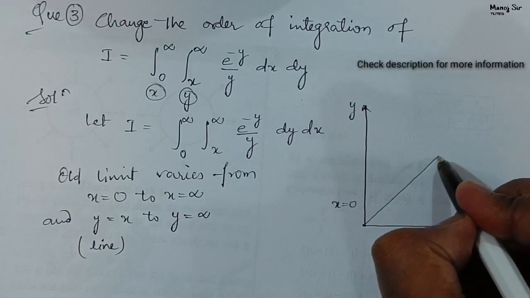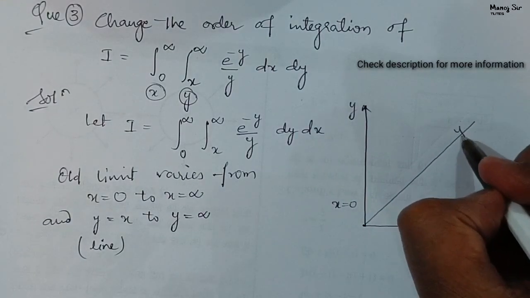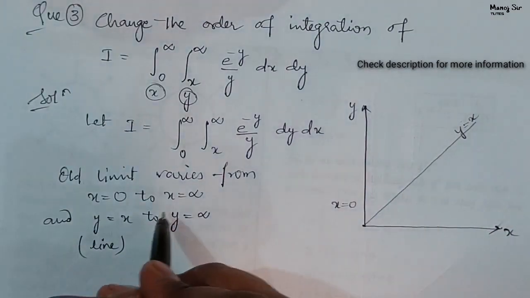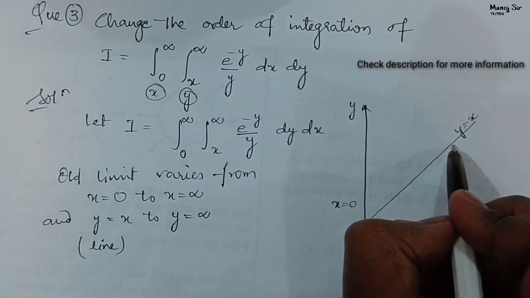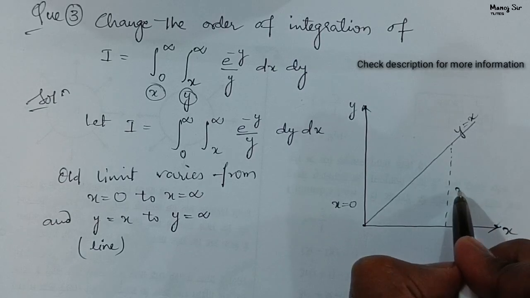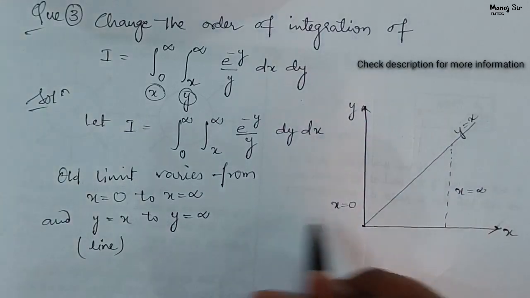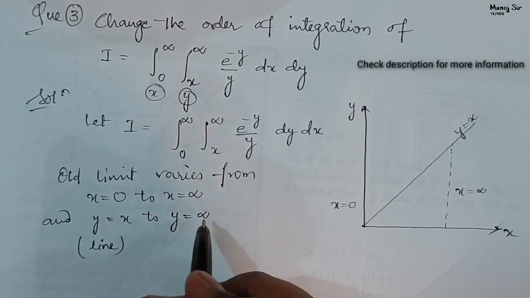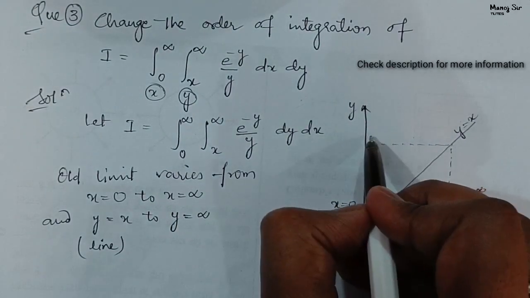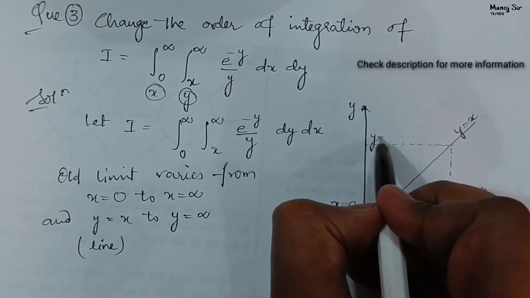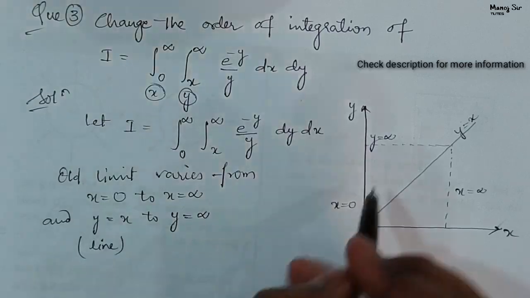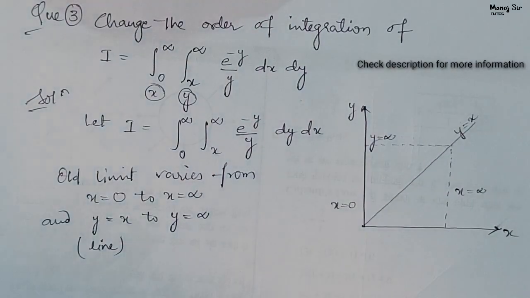Suppose this line is y equals to x. And we have y equals to infinity. Suppose this line is y equals to infinity. Fine. So all the points are covered here. No problem up to this.